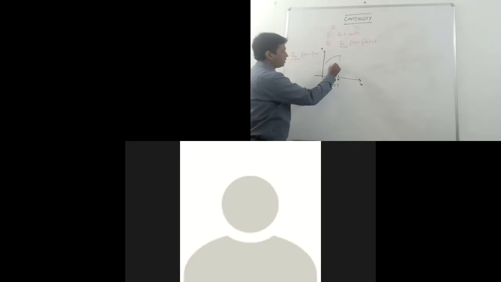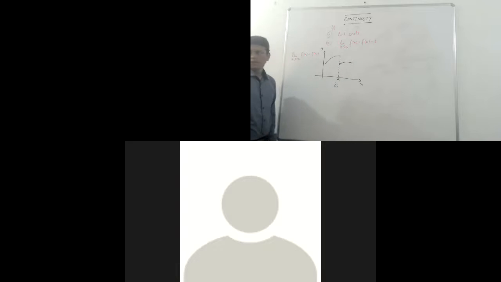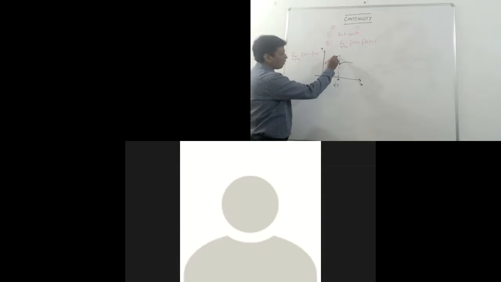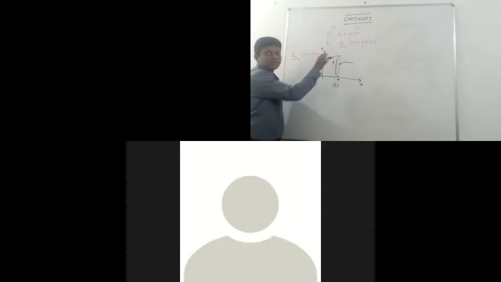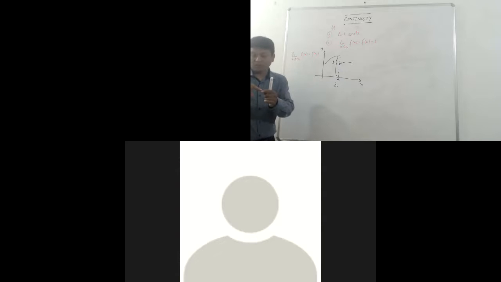This is a point. So this is your functional value, f(a). Black dot means the functional value exists. The functional value means the height at that point exists. The function exists at it. And what is the left hand limit?